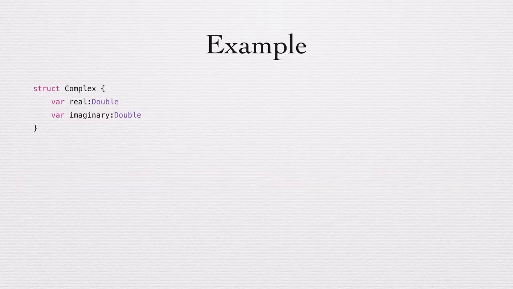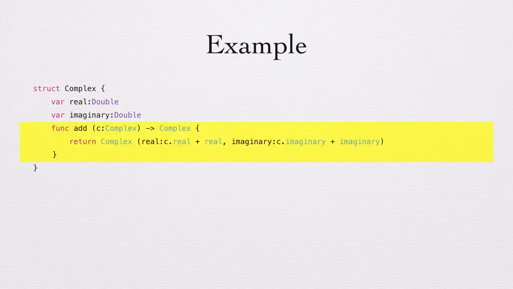We will now add a method to our structure definition. The methods are added to the structure using a function declaration. Here, we declare a function called add. The function takes another complex instance as a parameter and returns an instance of complex to the caller.